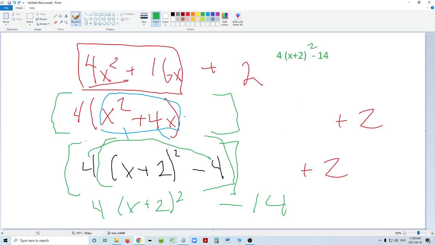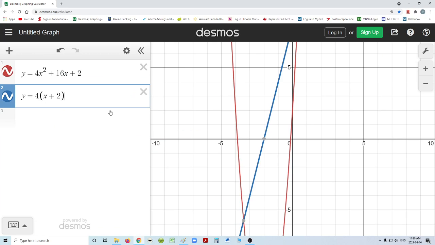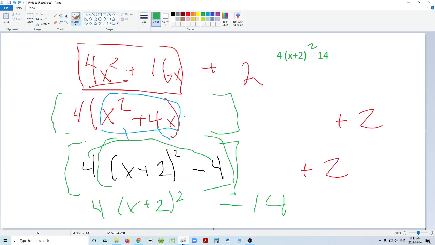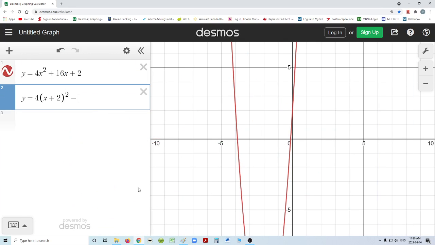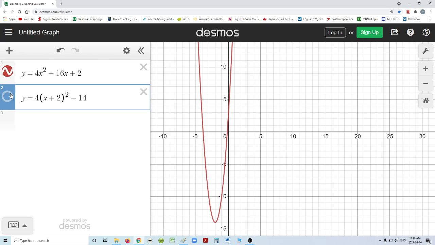What was it that I had? I had plus 2 squared. And it was what? Plus 16? Minus 16, right? Minus 14. And they should match up perfectly. And sure enough, they do. So if I turn the blue off, on and off, it's the same parabola.